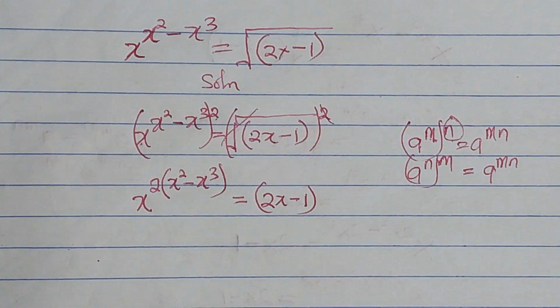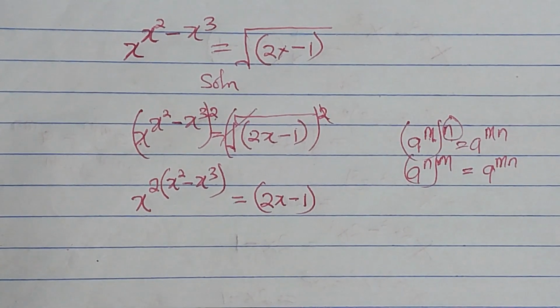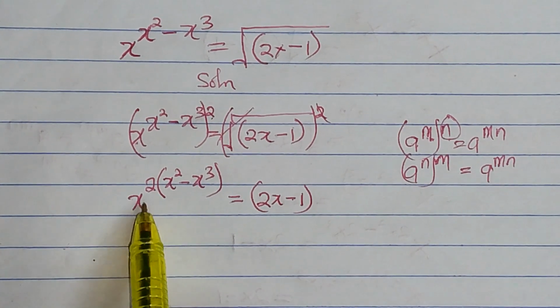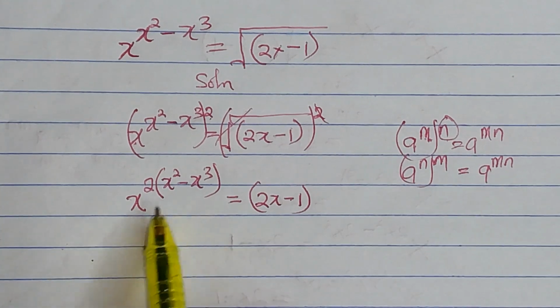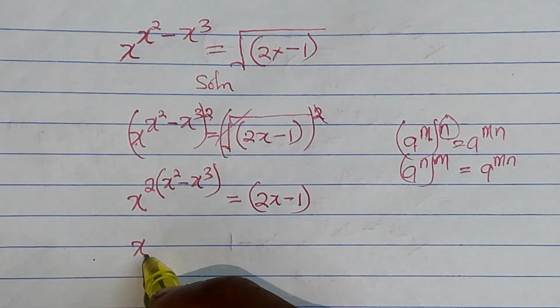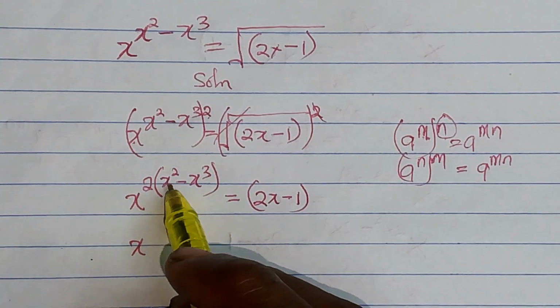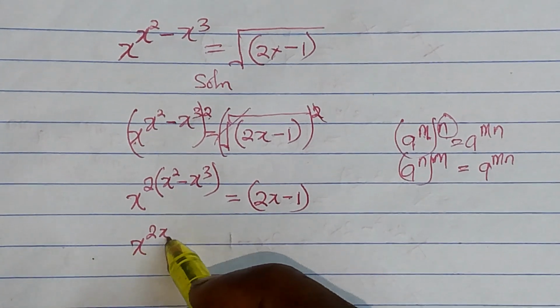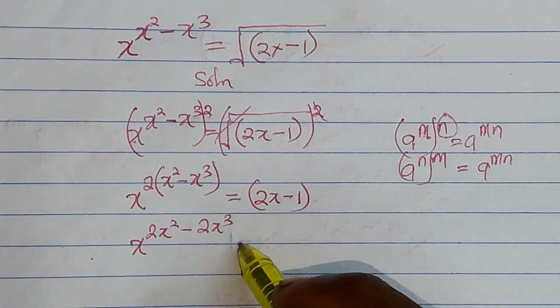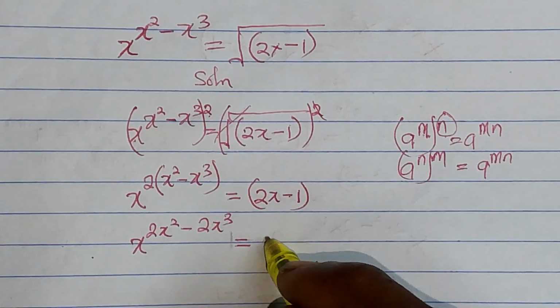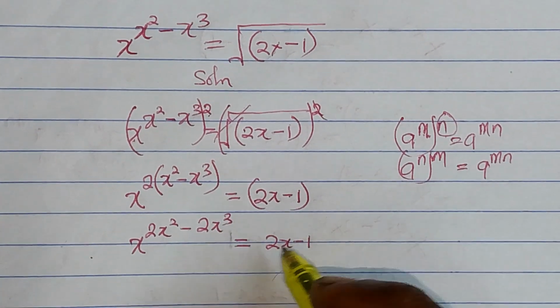So we have to continue to solve for the value of x. We have to multiply through by 2 at the exponent of x. So if we do so, we are having x to the power of 2x squared minus 2x cubed, and this equals 2x minus 1.